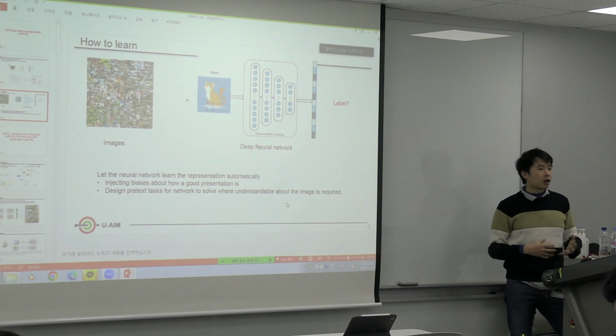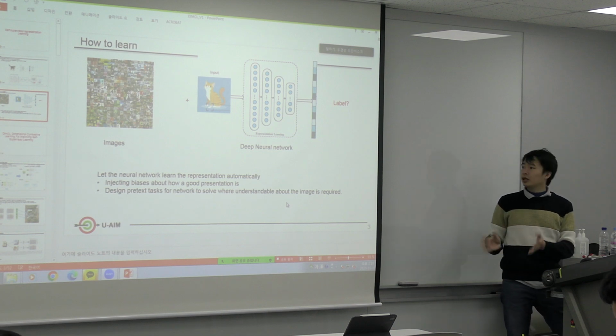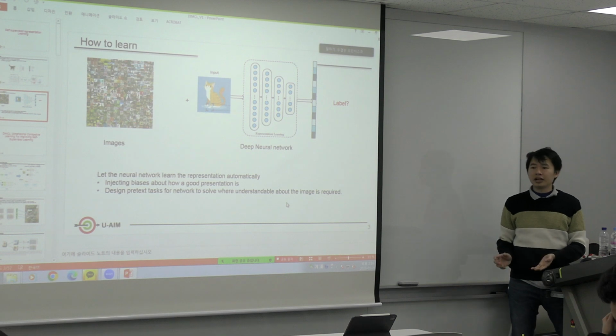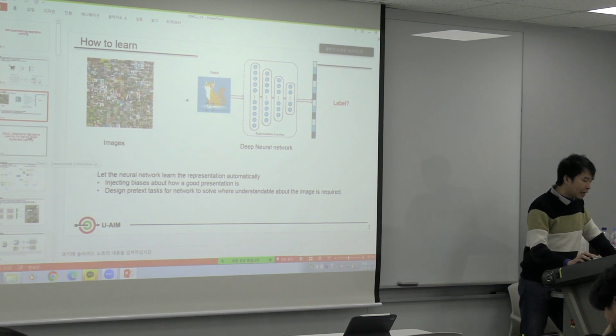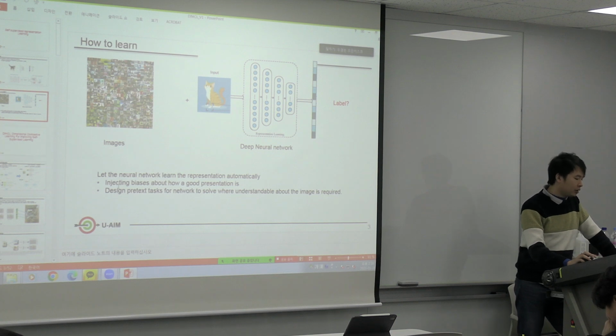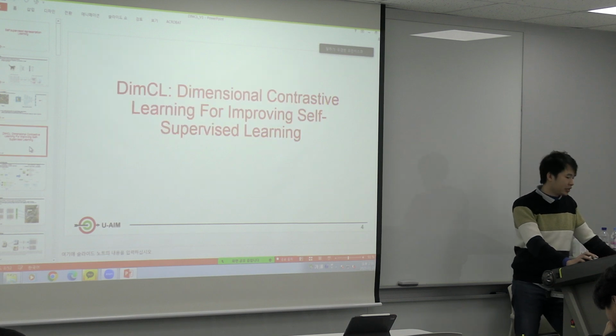If the neural network understands the semantics, or what the image is, it can solve the task. If not, it cannot solve the task. There are many inductive biases here, and I will introduce them along the presentation.